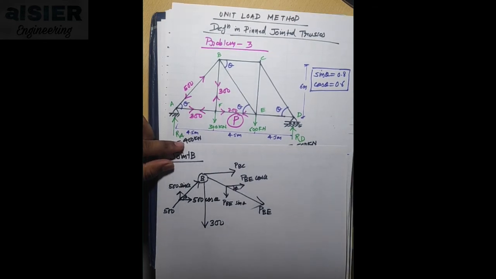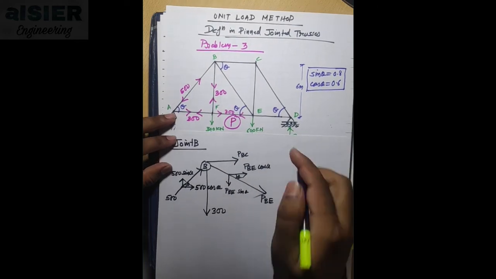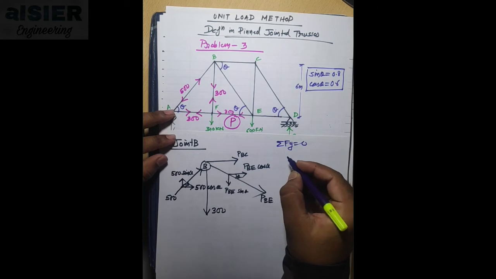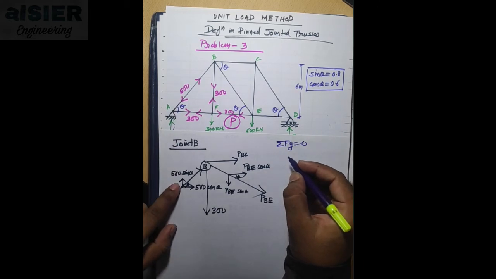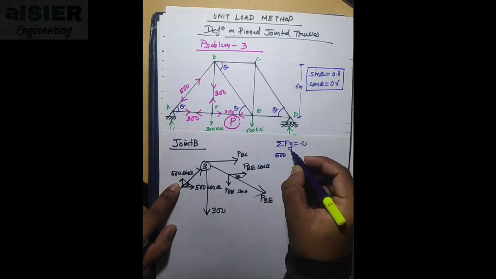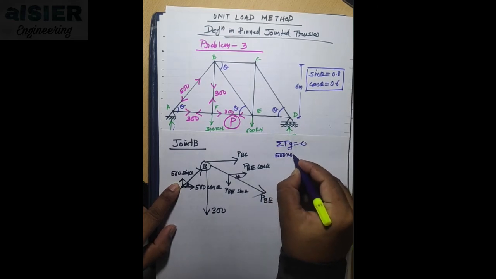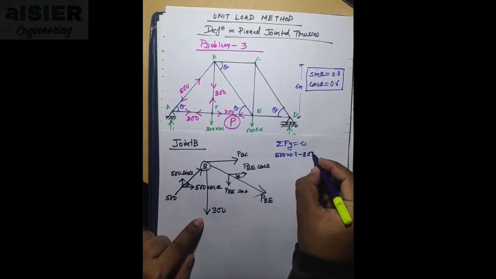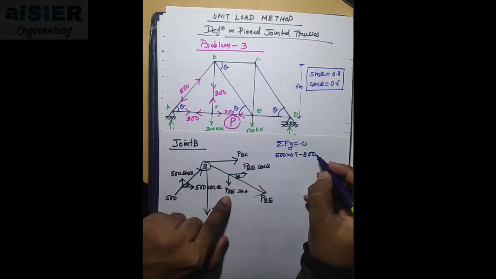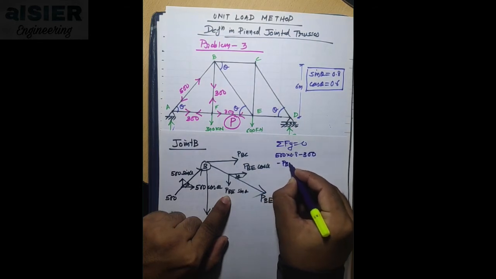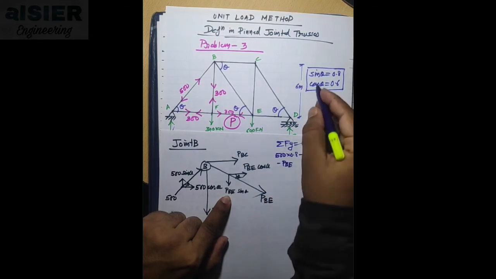So first calculation is summation of Fy is equals to 0. So first force 500 sin theta is going upward. 500 sin theta. Now sin theta is 0.8. Okay. This 300 is going downward. So minus 300. This PBE sin theta is going downward. So minus PBE sin theta, 0.8.